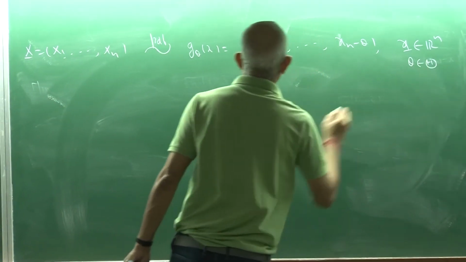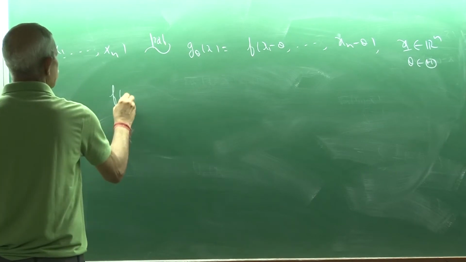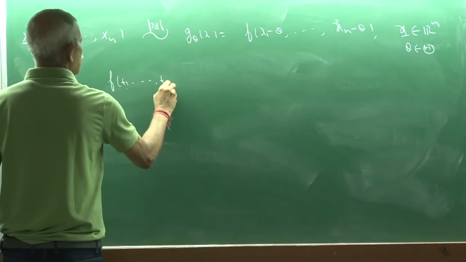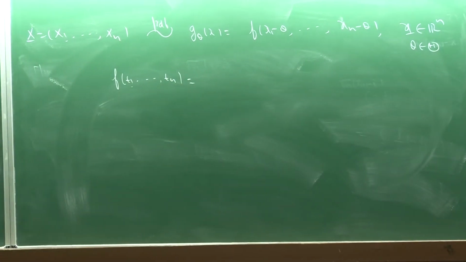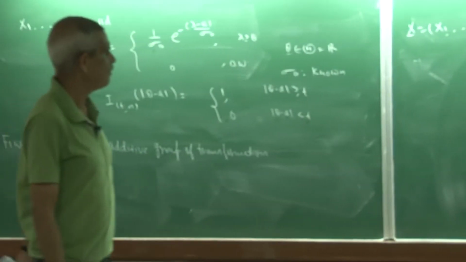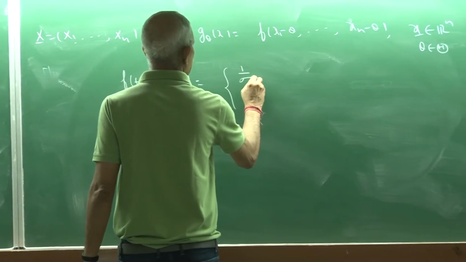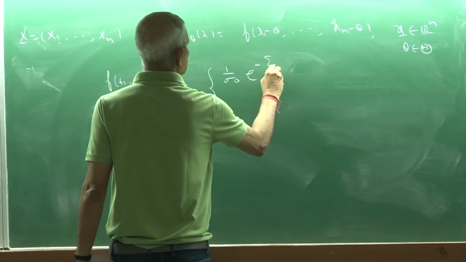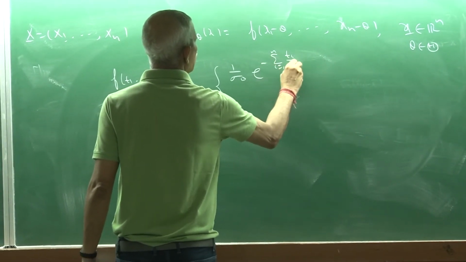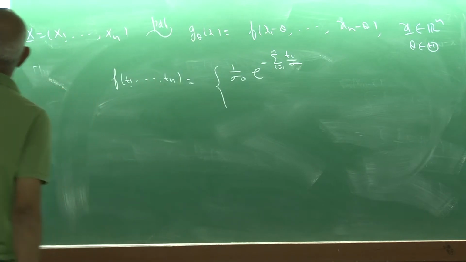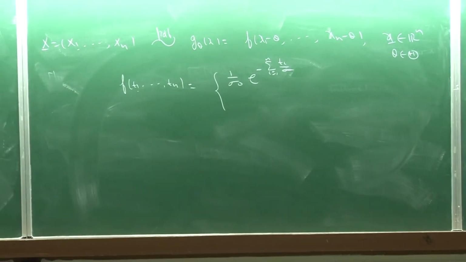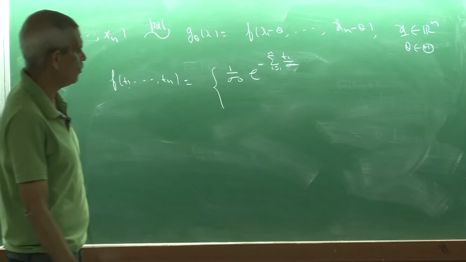Where my f of t1, t2, ..., tn is nothing but 1 by sigma naught e to power minus summation i equal to 1 to n of ti by sigma naught, where xi minus theta is greater than or equal to 0, because ti is taking the role of xi minus theta.